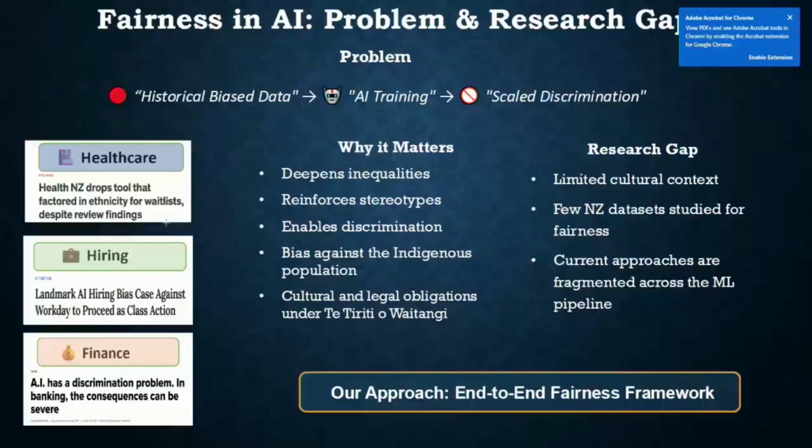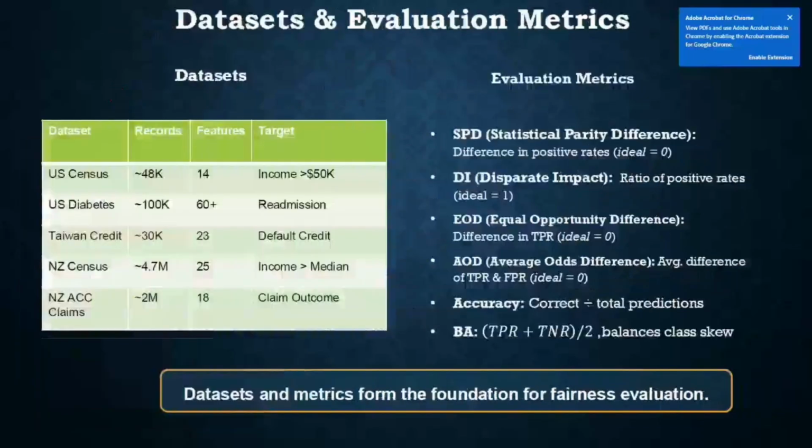There is no New Zealand data, or very minimal New Zealand data sets, explored for that purpose, and the current approaches are fragmented across the machine learning pipeline. So we try to come up with a full-cycle machine learning deployment approach.